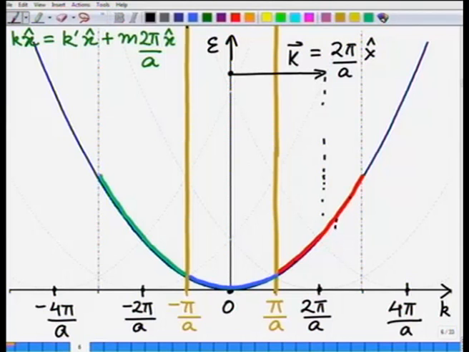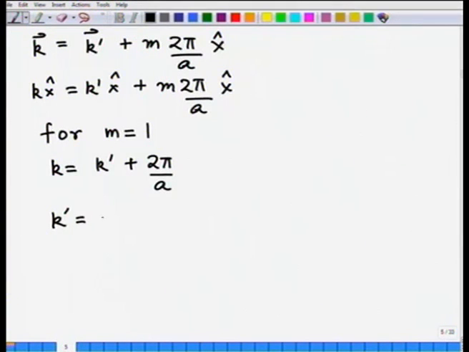If so, then if this is the value of k right here, what is the value of k prime? So, if this is the value of k, I can substitute that value of k in there and calculate k prime as k minus 2 pi by a.